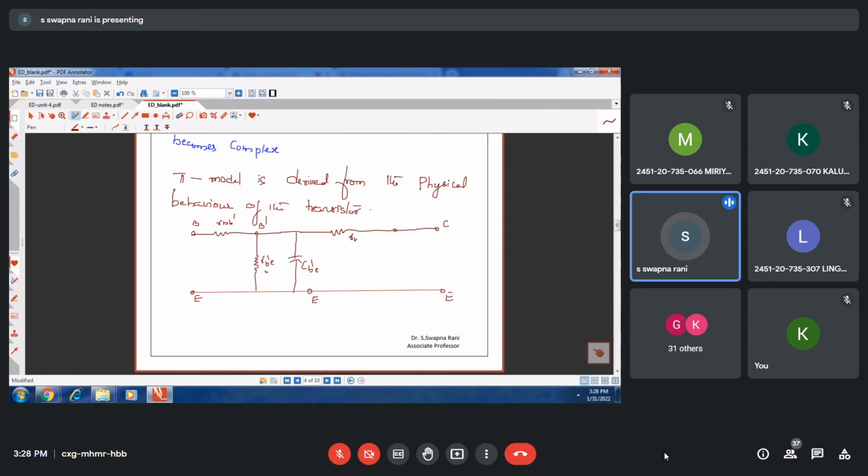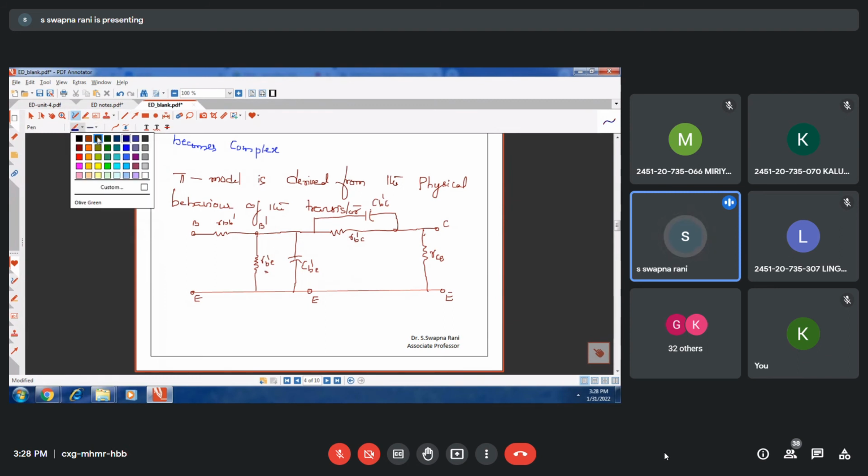So RB dash C is taken as the reverse bias resistance of the junction, and across the collector base junction again a capacitive effect will be there, and that capacitive effect I am going to call CB dash C, and the resistance between the collector and emitter, RCE.